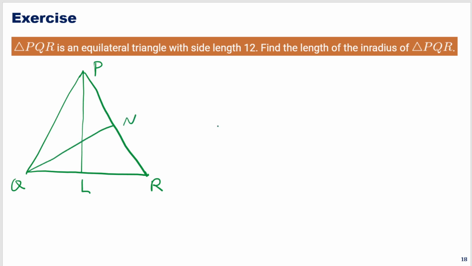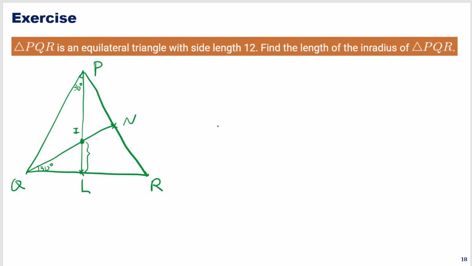Then because it's an equilateral triangle, we know L must be the midpoint of QR and N must be the midpoint of PR, right? So we know this angle is 30 degrees, this angle is also 30 degrees. And the point of intersection here is actually the incentre, right? So the length of IL is the length you're looking for, which is the inradius of triangle PQR.